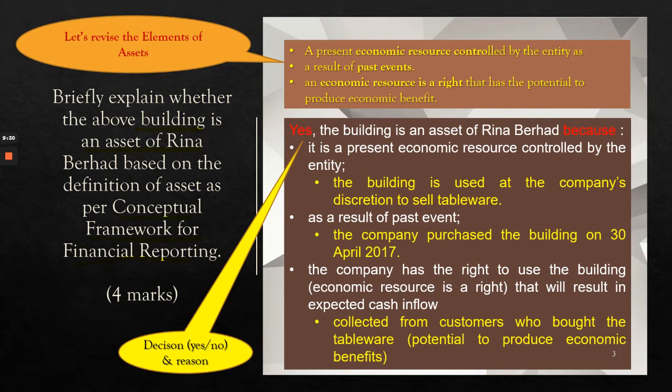Therefore, that will give you some sales, and the effect is that it will increase the sales as well as increase the cash if that is a cash sale. However, if it's on credit, at the end you'll be able to collect from that credit customer, and therefore you still have the potential to produce economic benefits, which is having an increase in income.